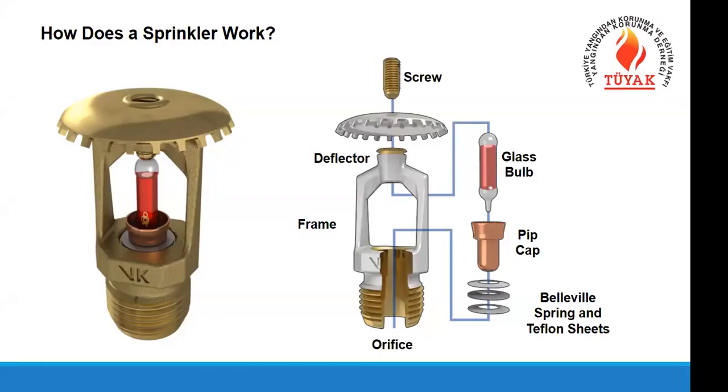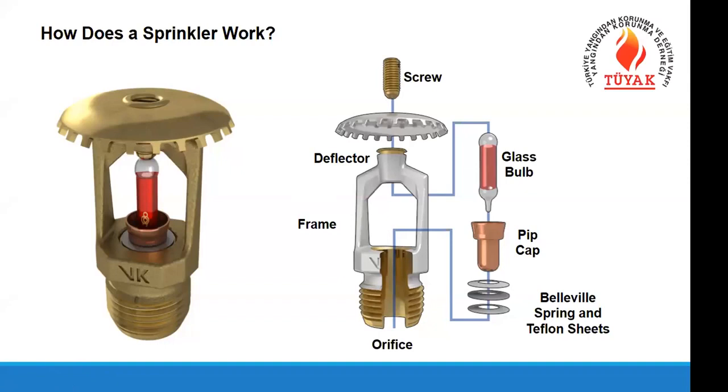If the fire load is too much, the water discharge will be more, so that will be different as a K factor. That is defined by the size of the orifice, as you see on the bottom of the slide. And there is some kind of sealing material, and the sealing is kept in place with a glass bulb or a fusible link device that activates at a defined temperature.